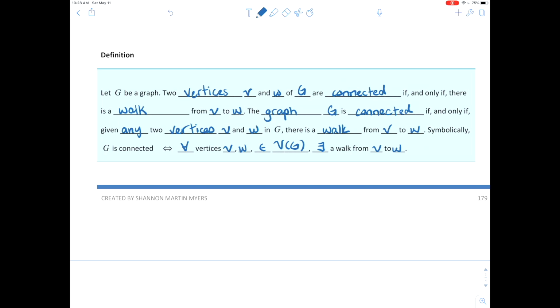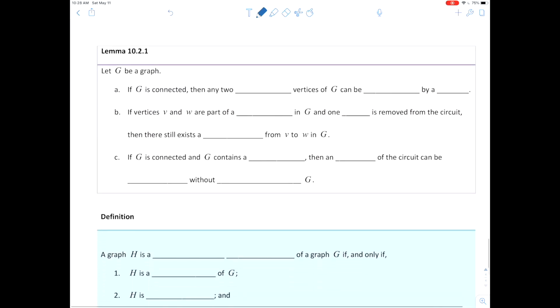Cool? All right, so here is a lemma. Let G be a graph. If G is connected, then any two distinct vertices of G can be connected by a path.